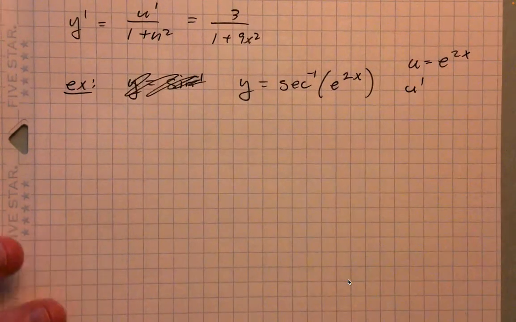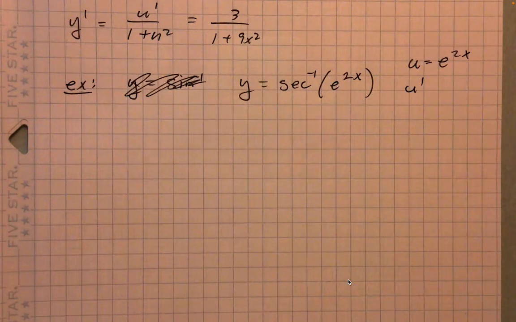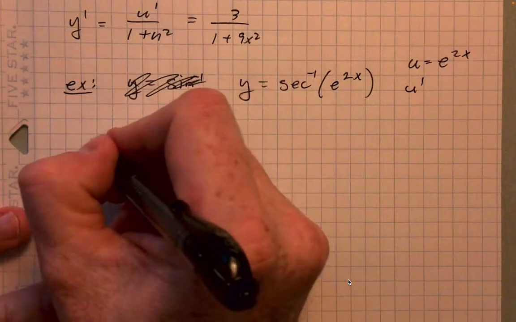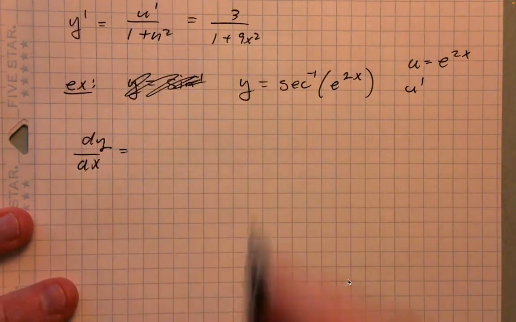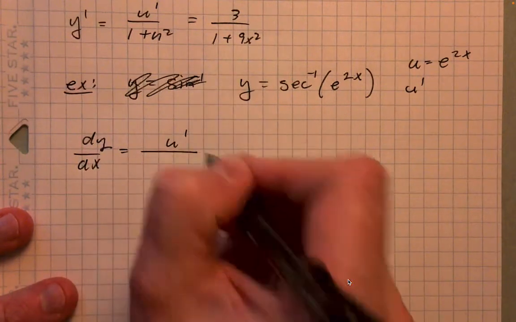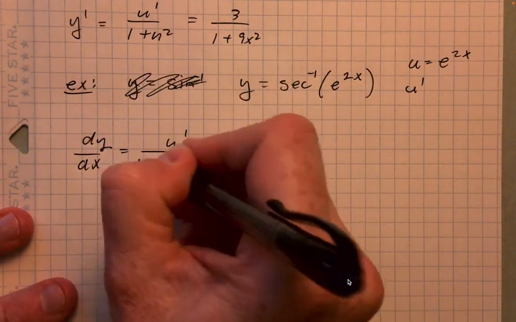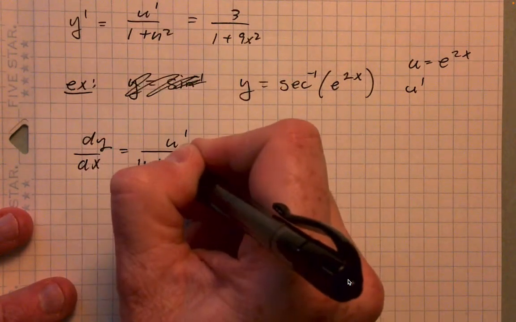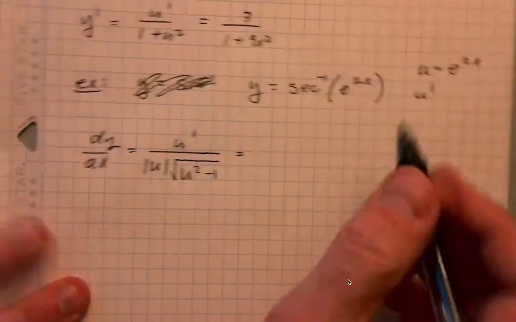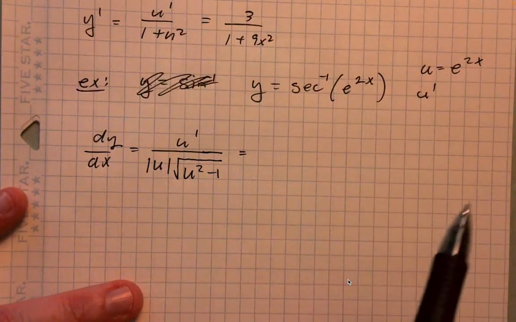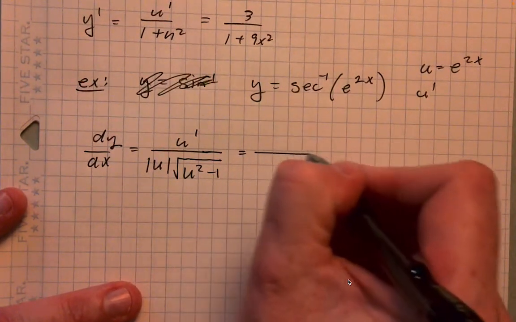What's u prime? Well, that's the one we have to think about, right? But let's start with this. dy/dx equals, and we know the form is going to be u prime over the absolute value of u times the square root of u squared minus 1. So u prime we have to think about, but let's plug the rest of this in.